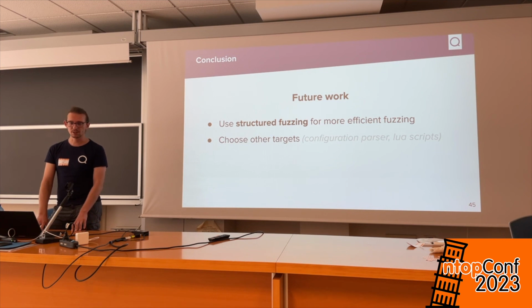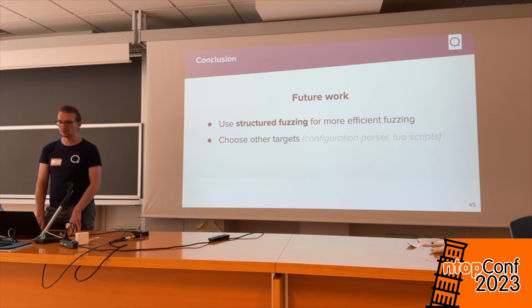As future work, we could improve our fuzzing harness, and instead of using this evolutionary algorithm for generating new inputs, we can rely on structured fuzzing. An interesting project in this sense is libprotobuf-mutator, which uses the protobuf language to define structure for an input.